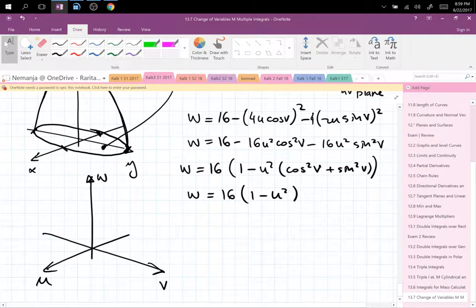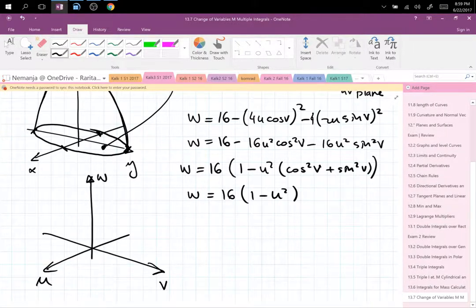And this is just a parabola in u. So I hope you all know what this shape is. It's just a tunnel, right? When you look in the u direction, it's a parabola. When you look in the v direction, it just looks flat, right?